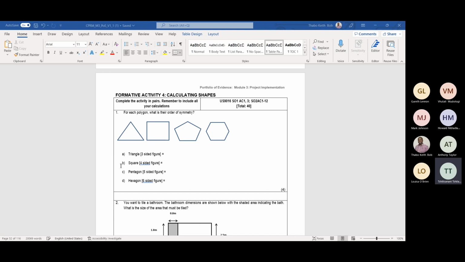I don't think it's the area of a triangle per se, it's an area of a right angle triangle. AB over 2. Now, the formula is half the base multiplied by the height.